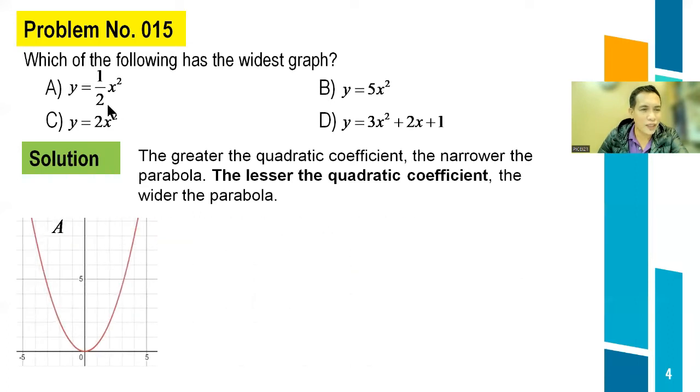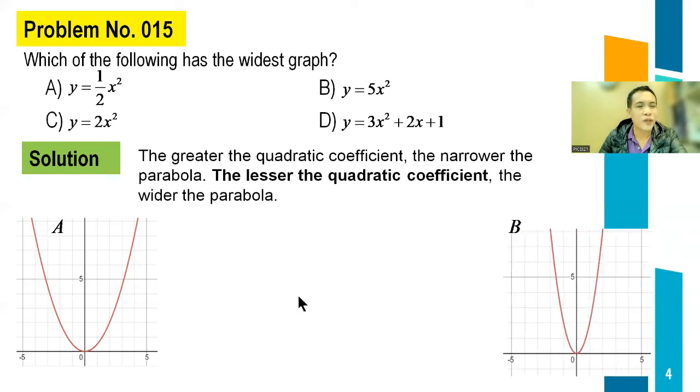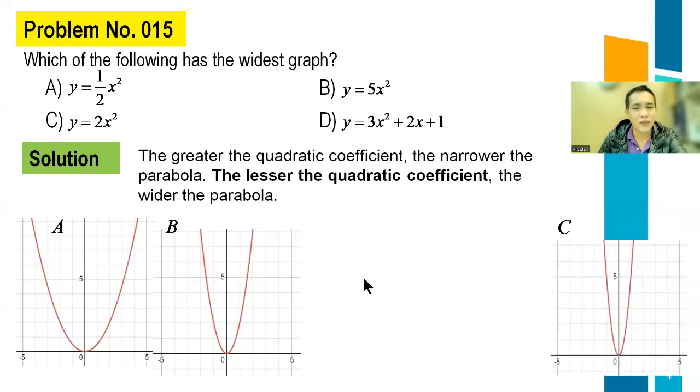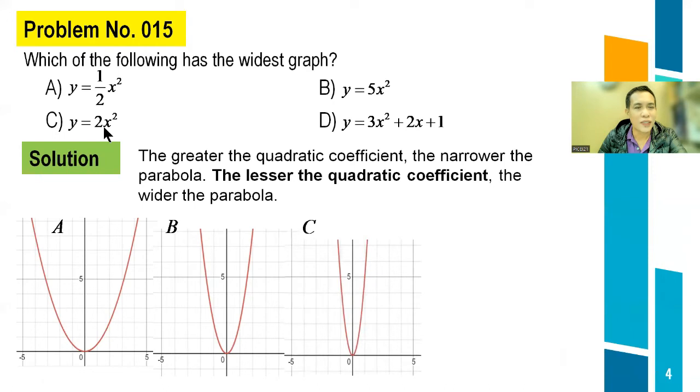For letter A, y is equal to 1/2 x squared, this is the graph: a parabola opening upward. The vertex is at the origin, that's (0, 0). For letter B, this is the graph. For letter C, y equal to 2x squared, this is the graph.